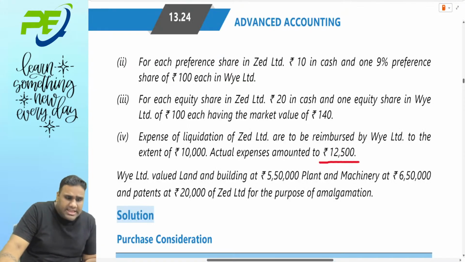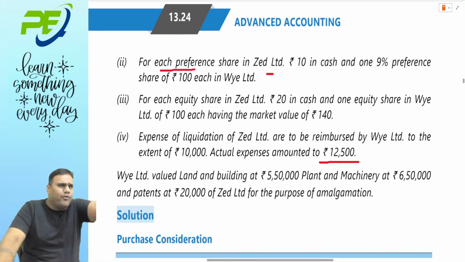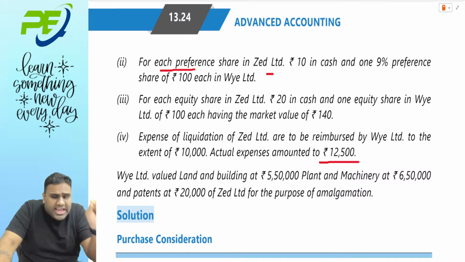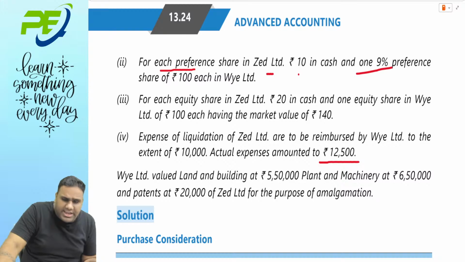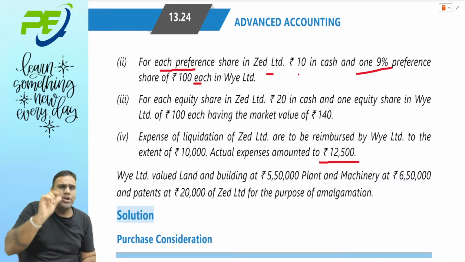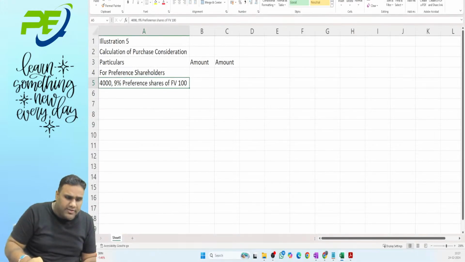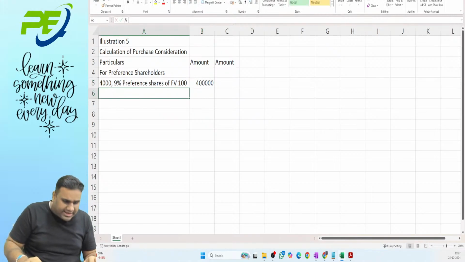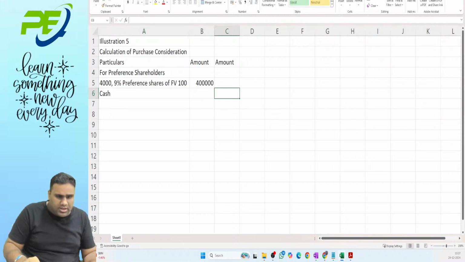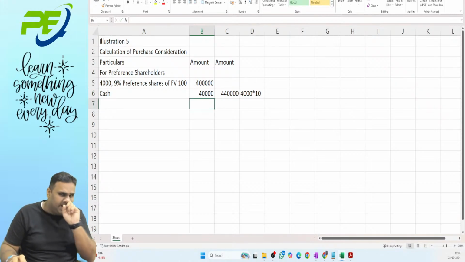They said for each preference share in Z Limited, and there were 4,000 preference shares, we will give 10 rupees in cash and a 9% preference share. Ratio is 1:1, so 4 lakh. And cash, 4,000 shares into 10 rupees, 40,000. So total 4 lakh 40,000.